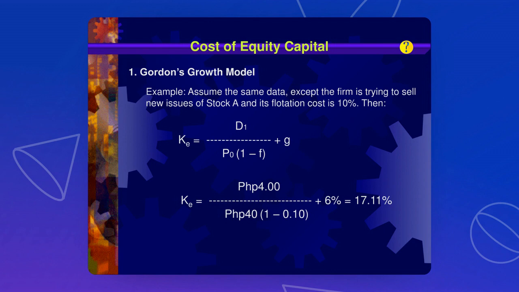So, meaning, class, 4 divided by 40, but the 40 is to be multiplied by the net of flotation cost, and you have plus 6%. Under Gordon's growth model, the answer here is 17.11%.